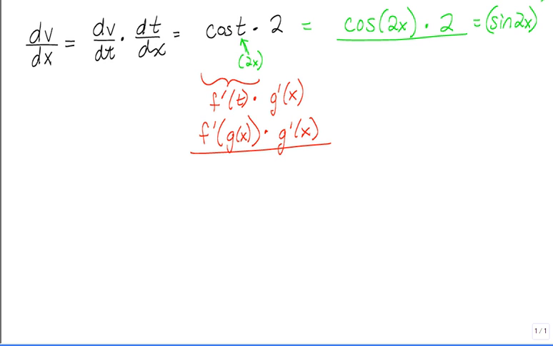So the chain rule, again, we're not going to prove this. This is not a proof.